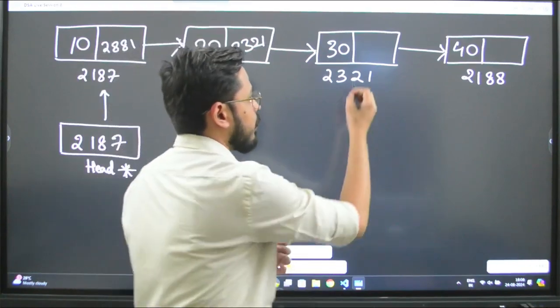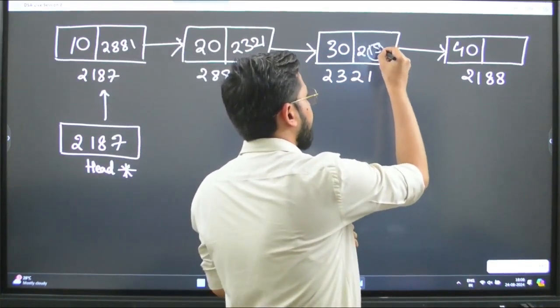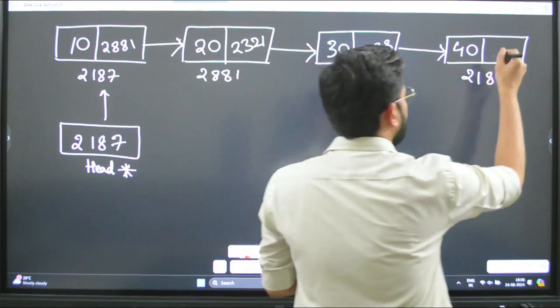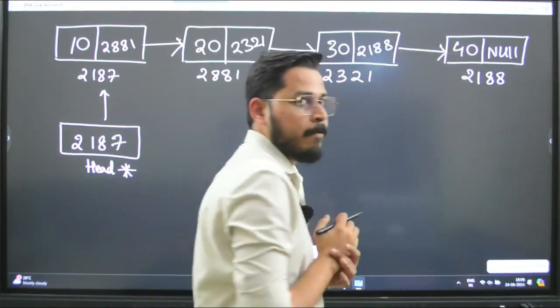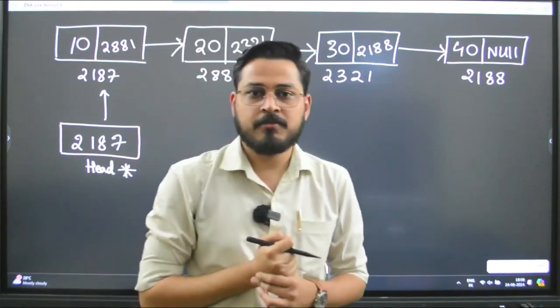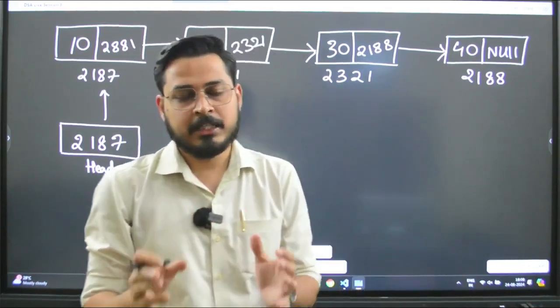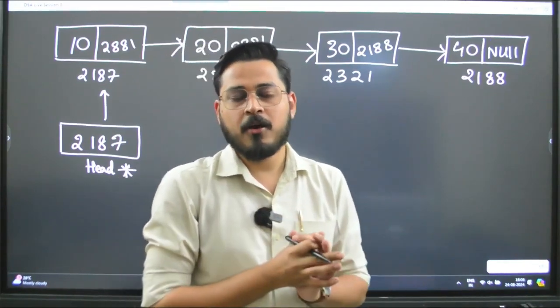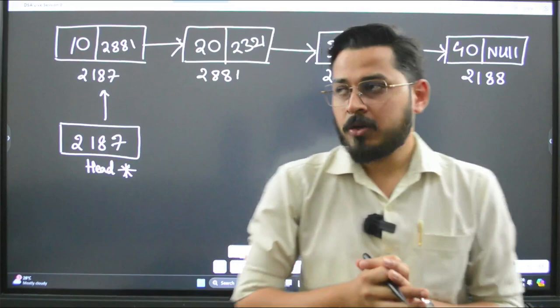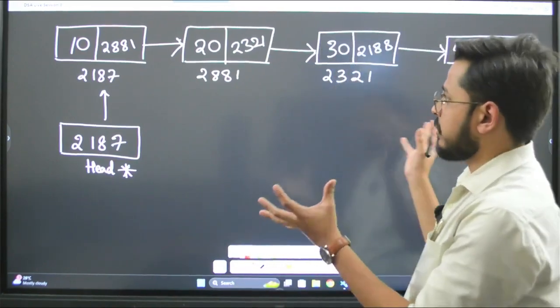Here we will be storing 2188, and here we will be storing null. So these are the addresses and the respective data I have stored inside every node. This is now how my linked list looks. Okay, I bet there is no doubt in this case.